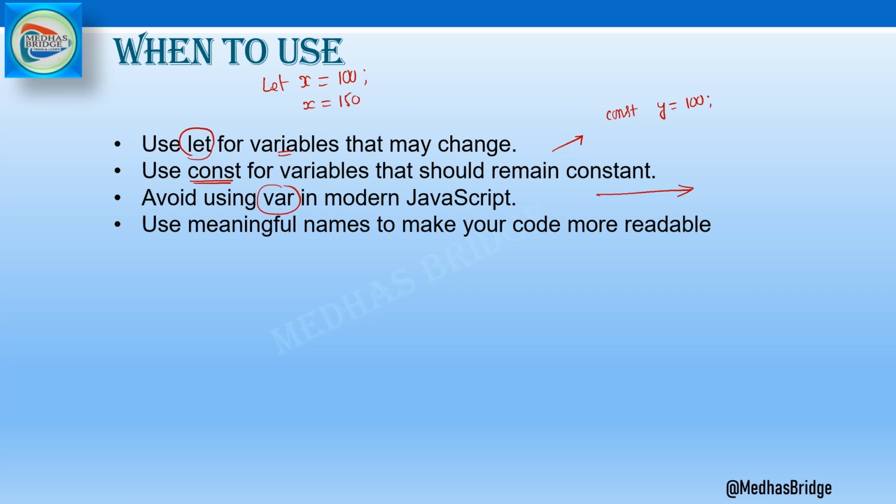Finally, use meaningful names to make your code more readable. Though I am using x and y for my examples, it is highly recommended that you give proper names to the variables, so your code has more readability.